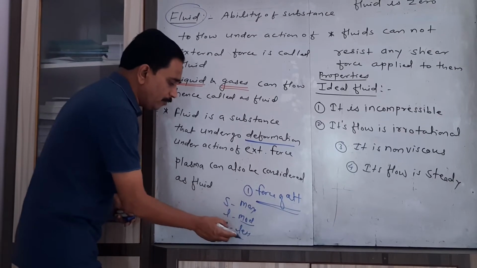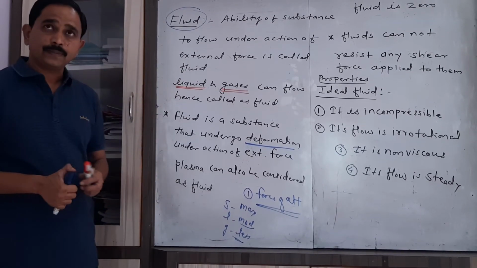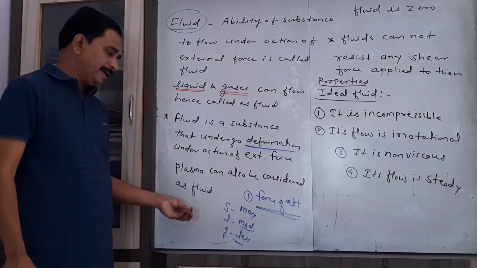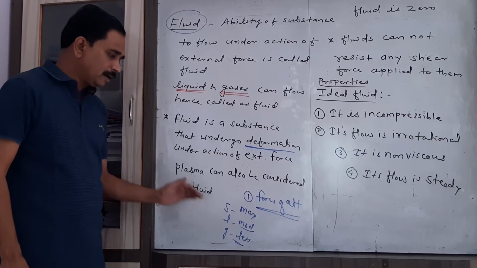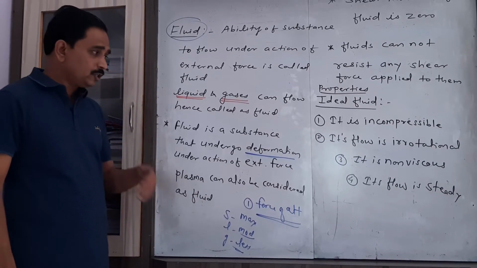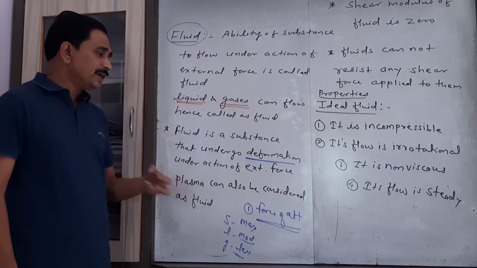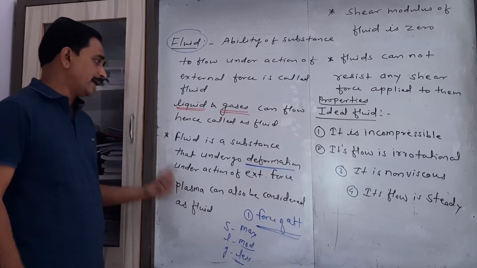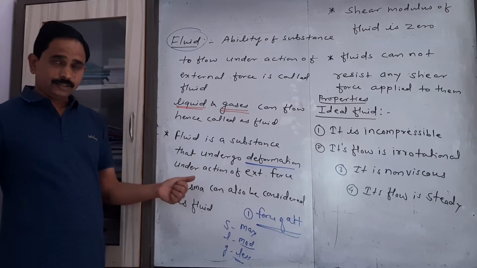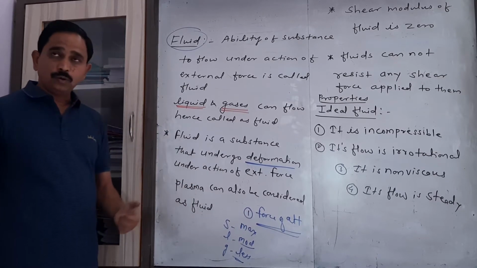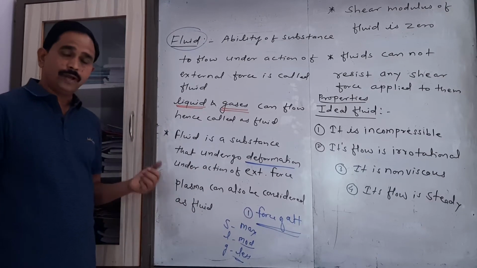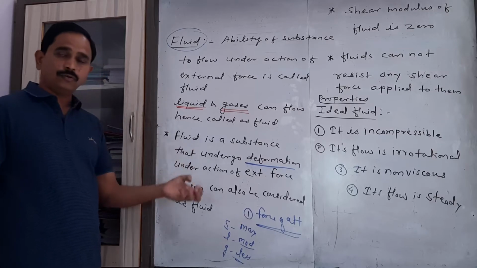So whenever we apply force on a liquid or gas, it can easily change its shape and size. That's why a fluid is a substance which undergoes deformation when we apply force on it.